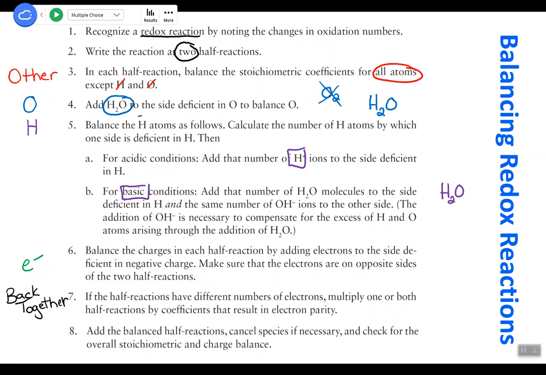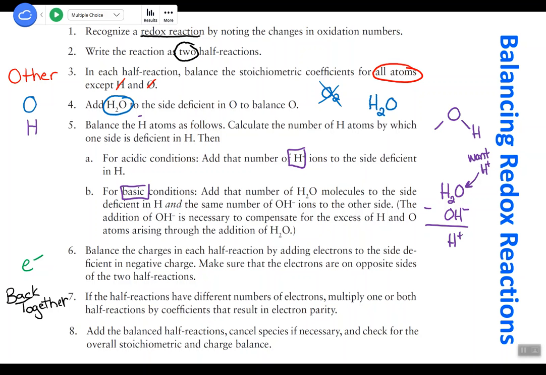But then really quickly, before we forget, we add hydroxide to the other side of the equation. So water where we want the H+, and then very quickly to the other side of the equation, we add hydroxide. In effect, we're subtracting the hydroxide. H2O subtract hydroxide is H+. The net effect is that we've added H+.